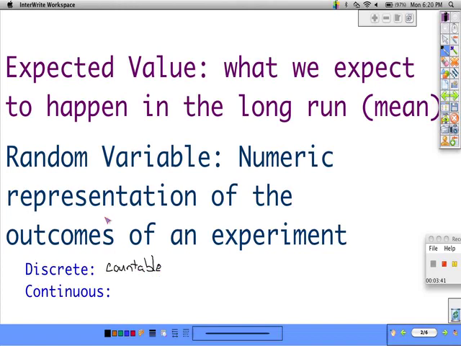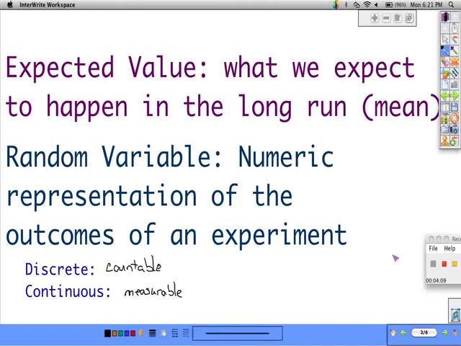A continuous random variable is one that's measurable. An example of this might be the heights of students in pre-calculus, or the length of someone's arm in the sophomore class. Things that you measure. It can have fractional values.